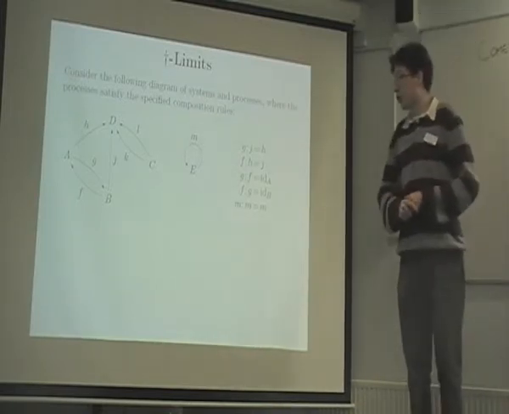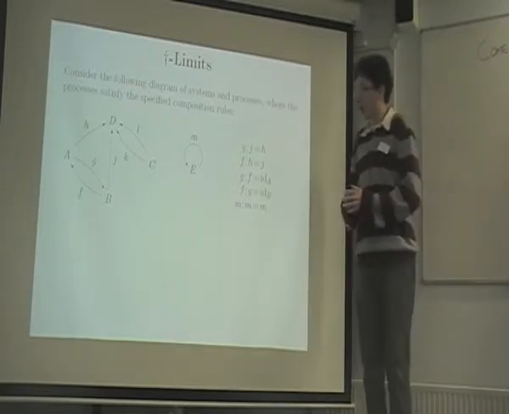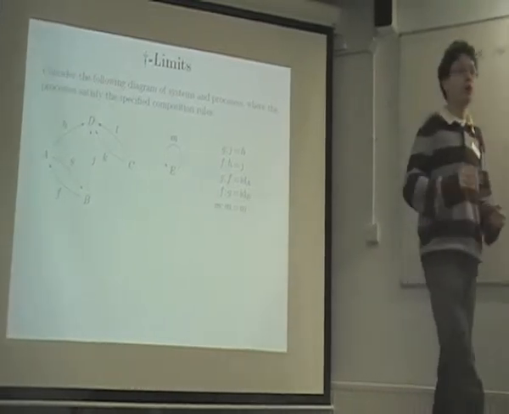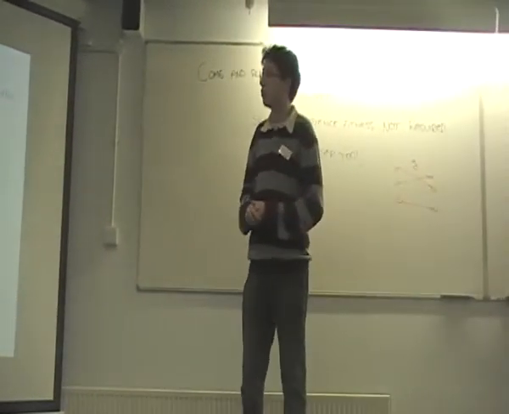You might say, okay, I want to somehow glue together a composite system of all these systems, A, B, C, D, E, but I want to quotient by the action of these processes.